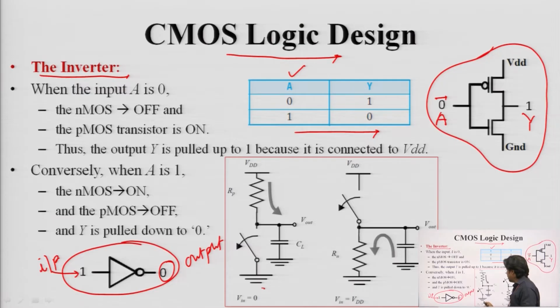So, when we have input as a 0, at that time the NMOS will be in off condition, clear, the NMOS will be in off condition. That is why you can see that this switch is open, and this PMOS will have a very small resistance. This PMOS exhibits a small resistance.